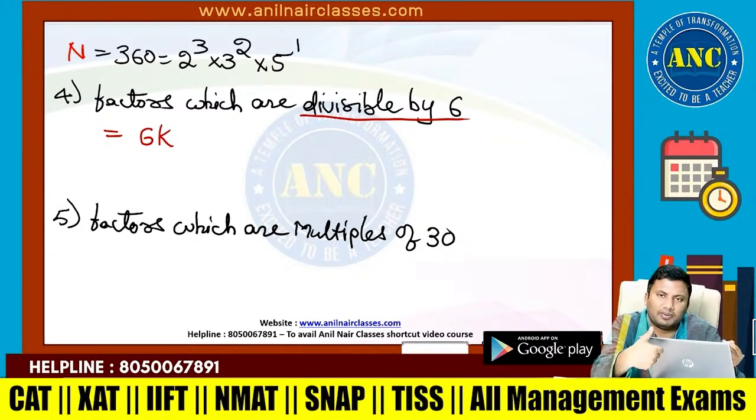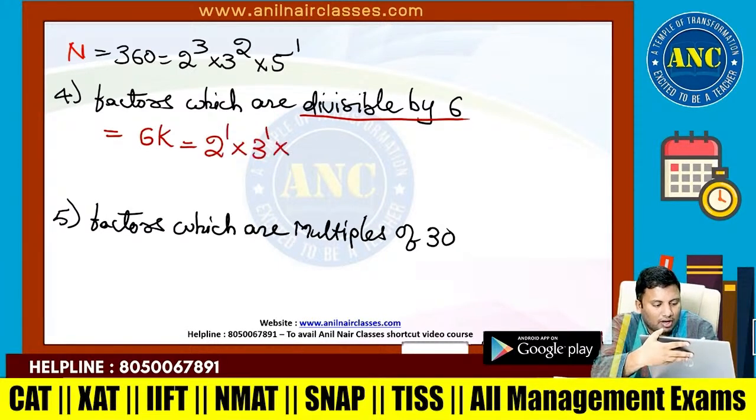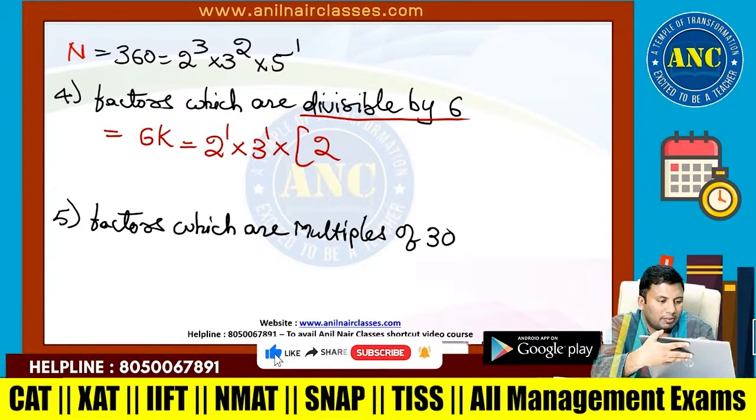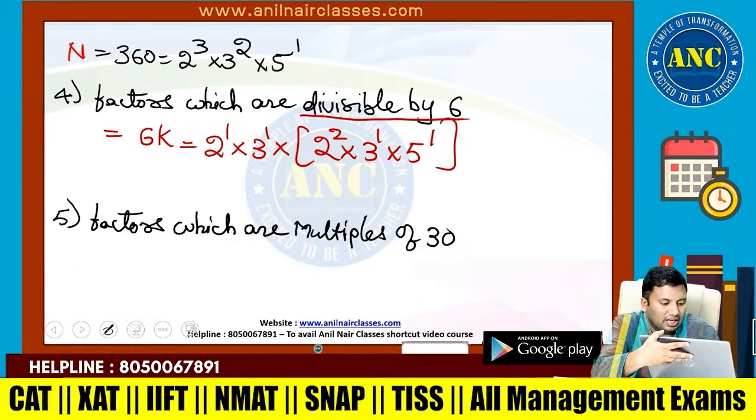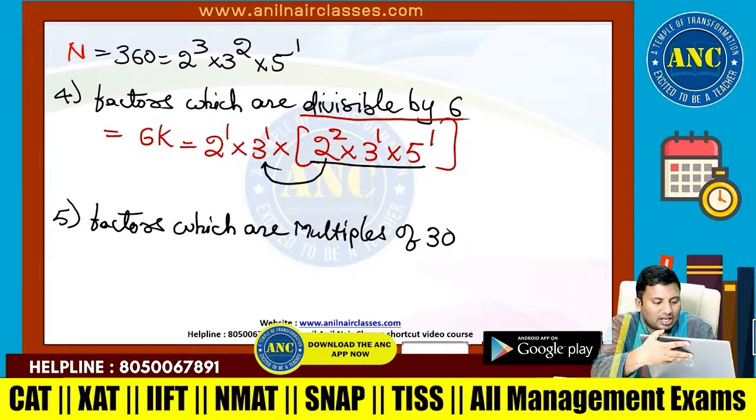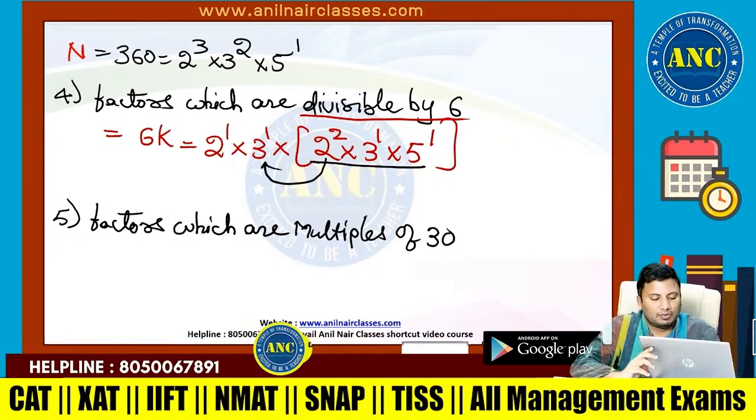So these are 2 into 3. What is remaining? Remaining is 2 square into 3 power 1 into 5 power 1. These are the numbers which are divisible by 6.